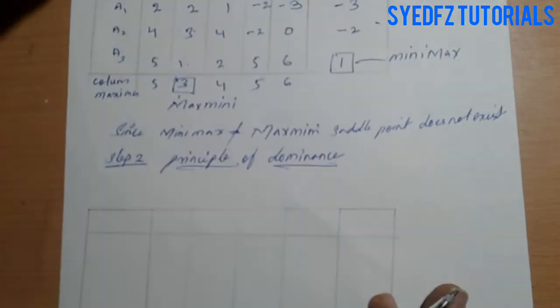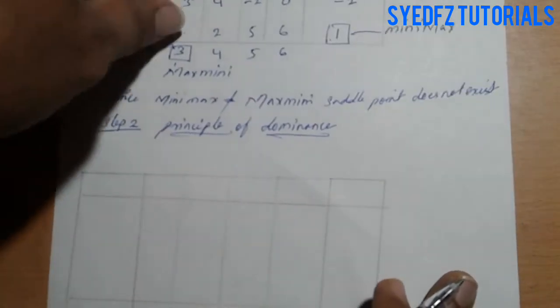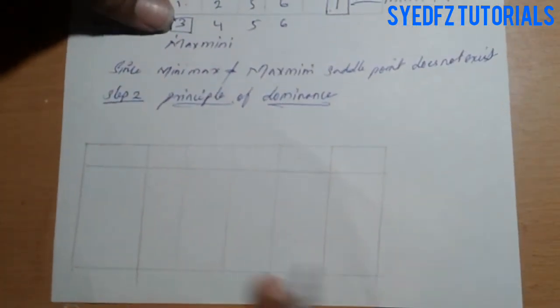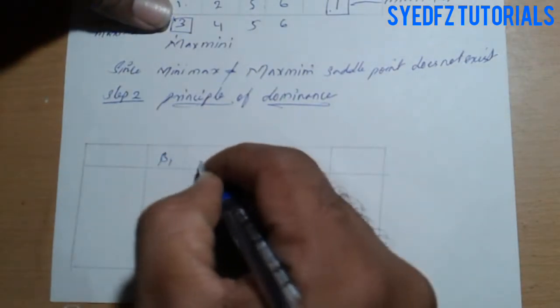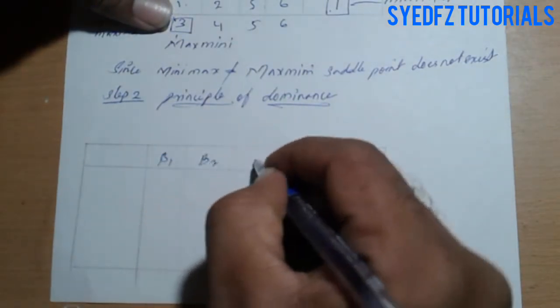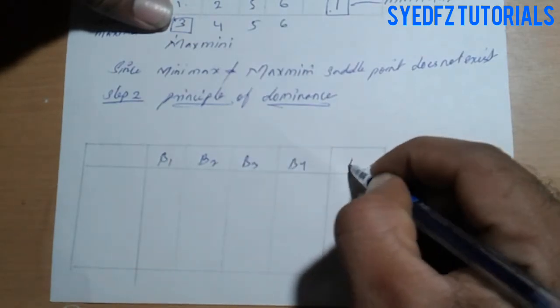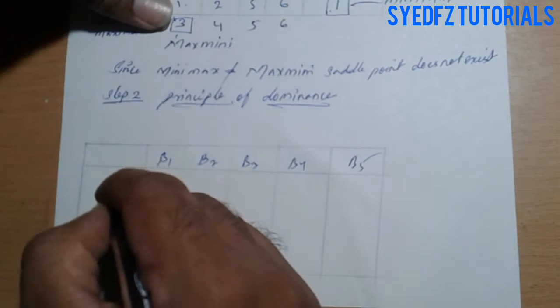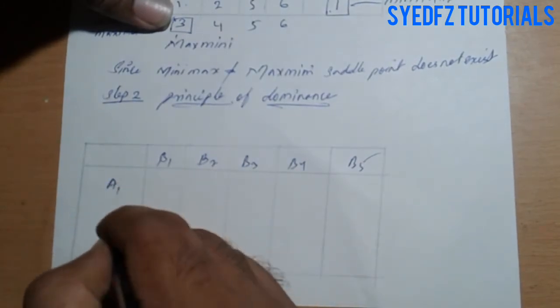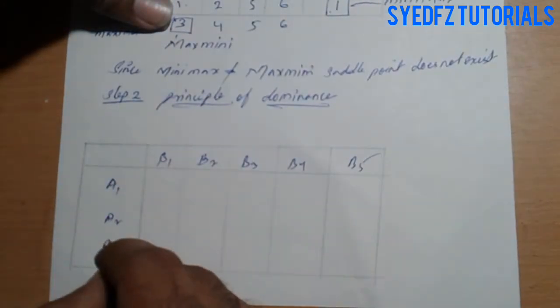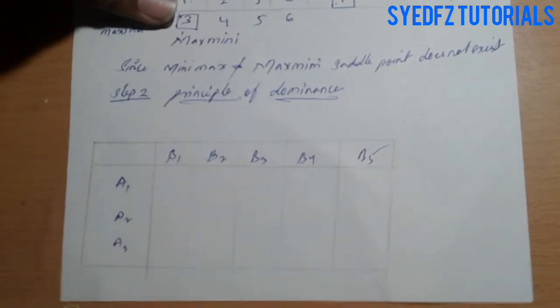I have already created a table here to apply the principle of dominance. This is B1, B2, B3, B4, B5 and A1, A2, A3.